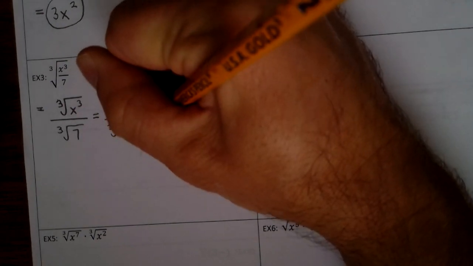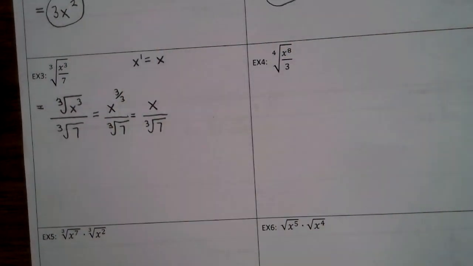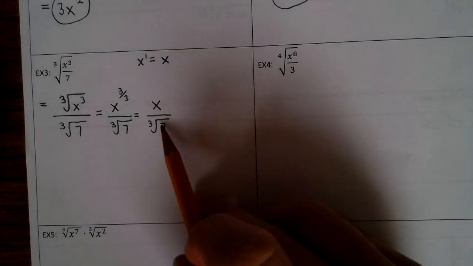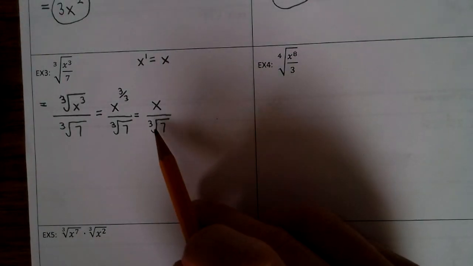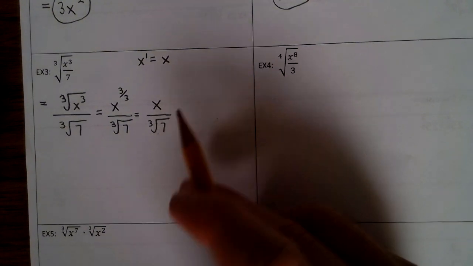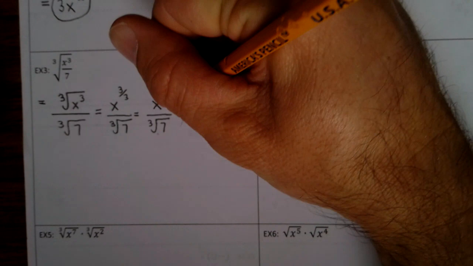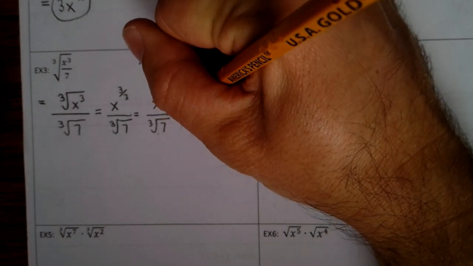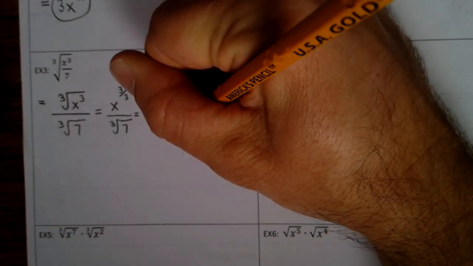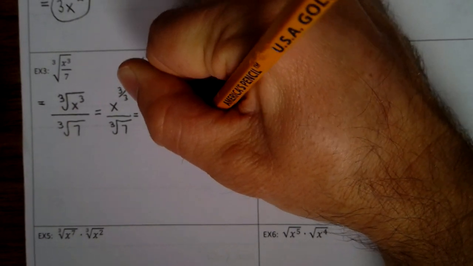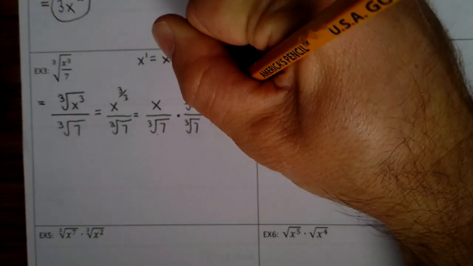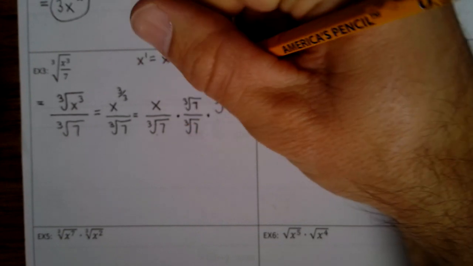Now, here's a problem. You can't have a radical in the denominator, so what you have to do is get rid of the radical. And the way to do that is you're going to multiply this by the cube root of 7 divided by the cube root of 7 times the cube root of 7 divided by the cube root of 7.